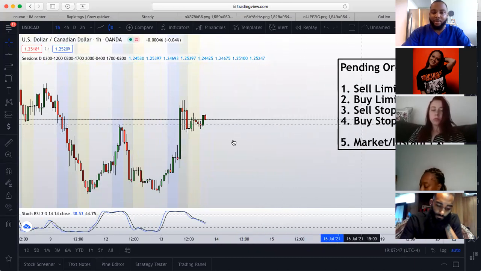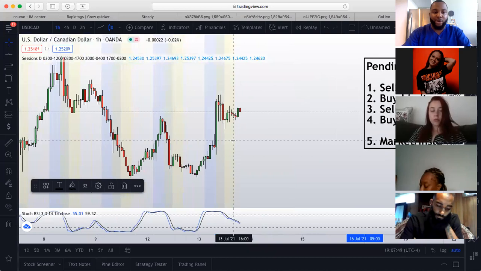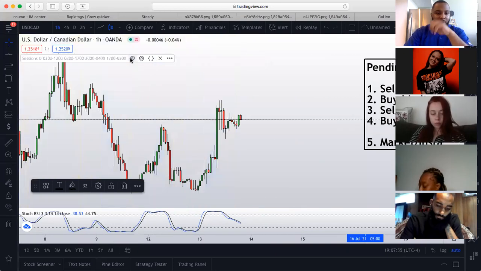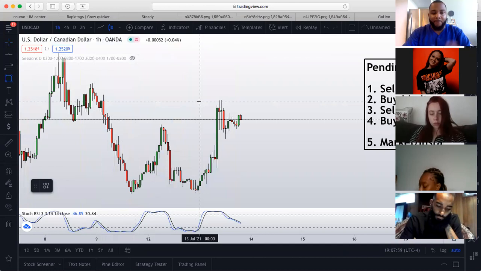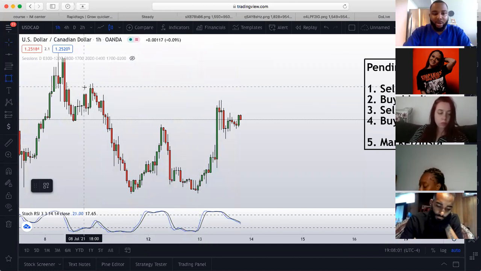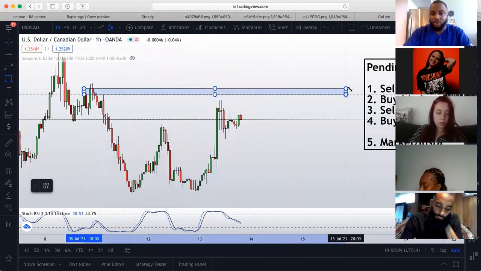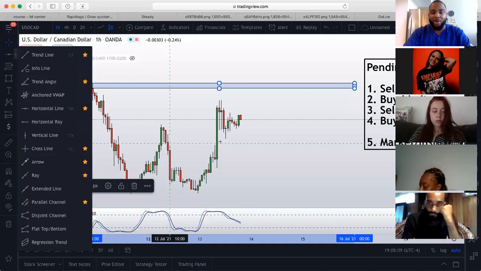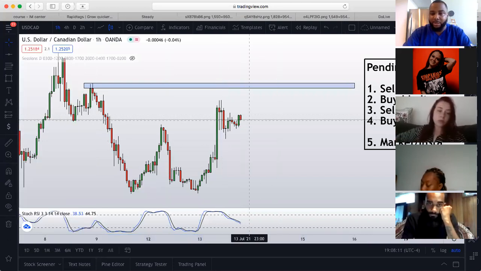So let me go through a few different examples with you guys as to why you'd use different ones. So sell limit, okay? Now, depending on your trading technique, you may use different intervals. I'm going to use as many different examples as I possibly can to break down for you guys, okay? So let's say hypothetically, maybe you're someone that trades based off of zones, maybe based off support and resistance. That's when you like to trade. So where the market currently is right now is at this dotted line, okay?